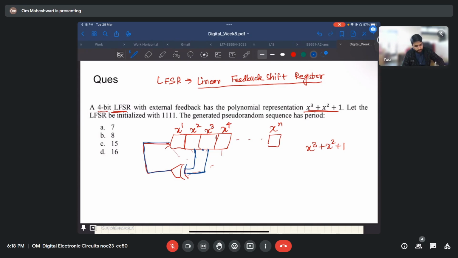If it was x4 plus x square, then it would have been x4 and x square, and the output of the XOR gate would go to the input of the register. So this is linear feedback shift register. This is the linear feedback, and this is the polynomial equation through which the feedback is fed. In our question, x cube plus x square plus 1 is the equation, so it is connected like this. Okay. So they are saying initially it is initialized with 1 1 1 1.